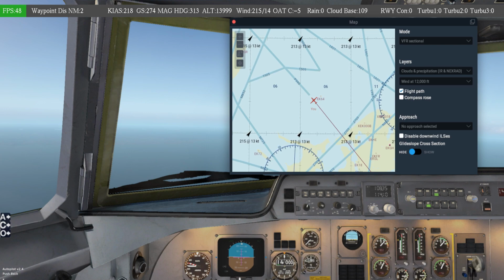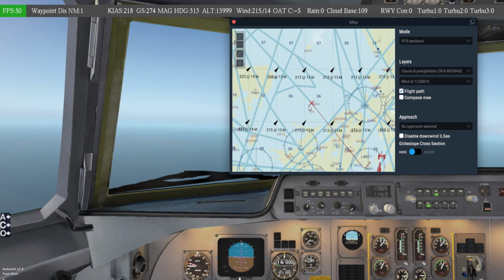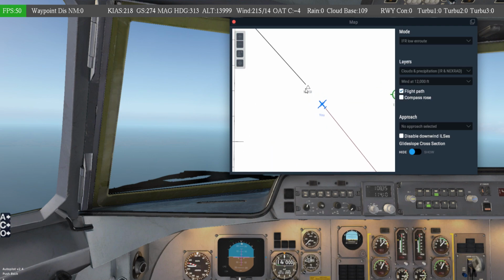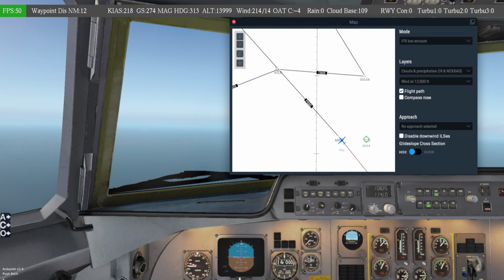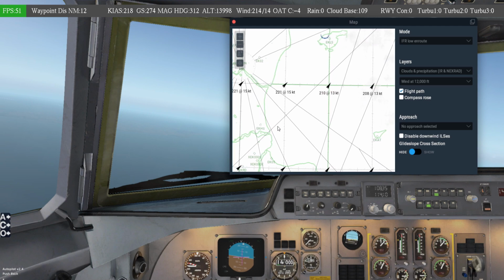So that's a nice way of doing it. And right now you can see we are getting close to our Mixi waypoint that we were flying to, and then we would actually get up to Aalborg.